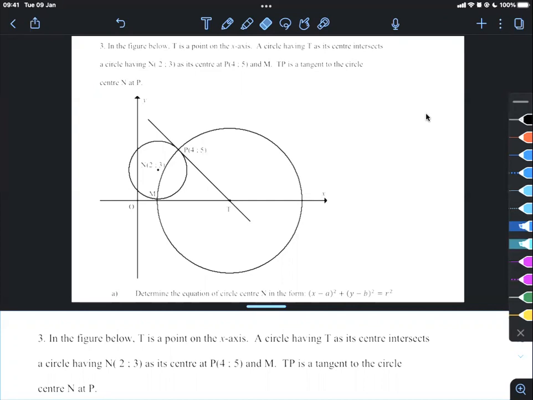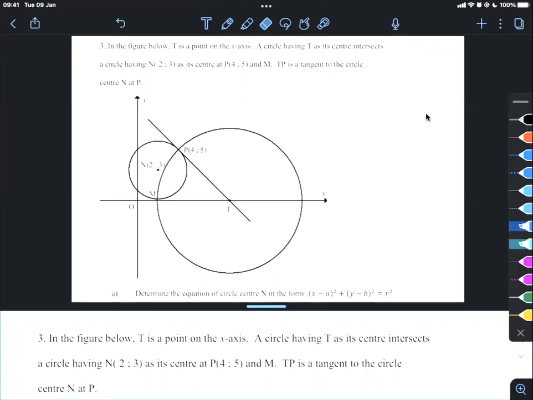Now, another thing we will look at is, again, I did talk a little bit about the properties of the tangent and the radius. Another thing we should be able to do is calculate whether circles intersect or do not intersect using the properties of the radius.